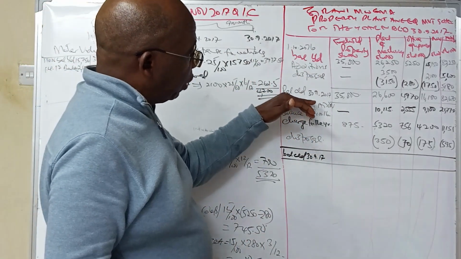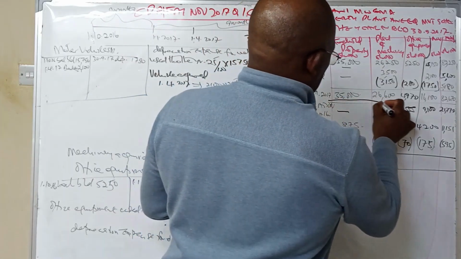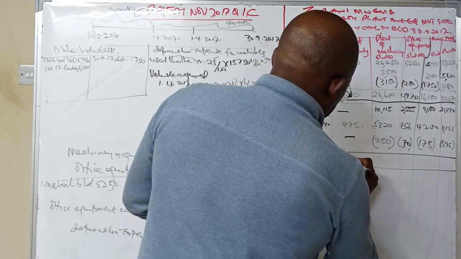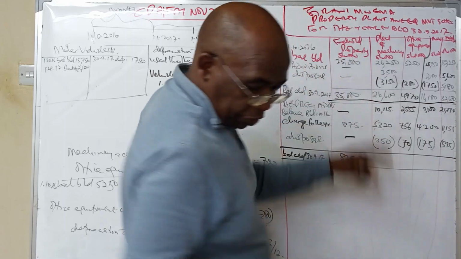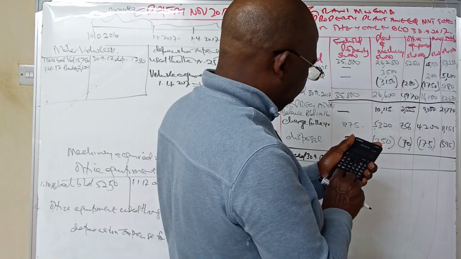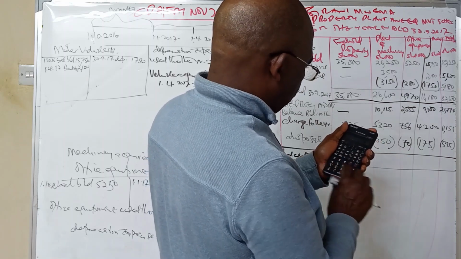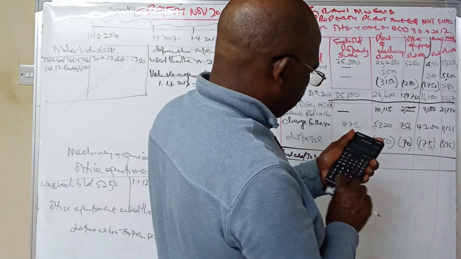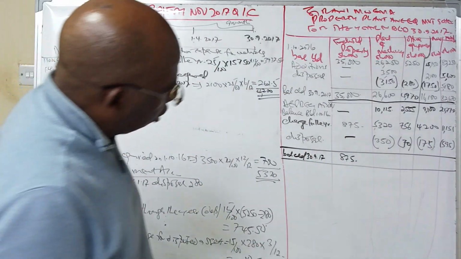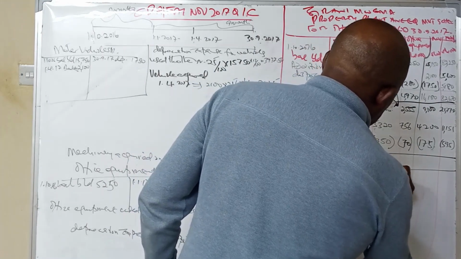We're only dealing with the depreciation, not the assets. So we say here it is 875. If you add these ones, 10,115 plus 5,320, and we subtract 350, we get a figure of 15,085.